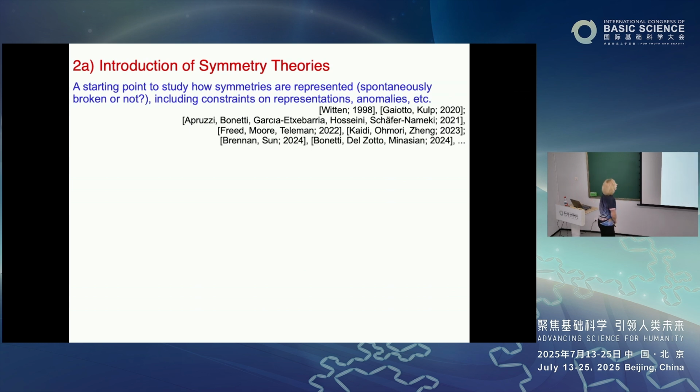Okay. Now, how about introduction of symmetry theories in the context that I'm talking about? So in quantum field theory, the introduction of symmetry theories is initiated by trying to study these higher symmetry structures and how they are represented in this quantum field theory.